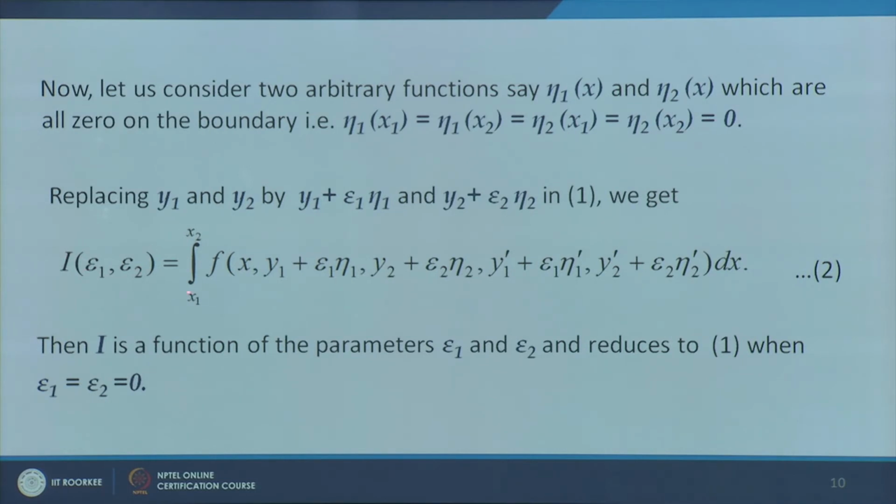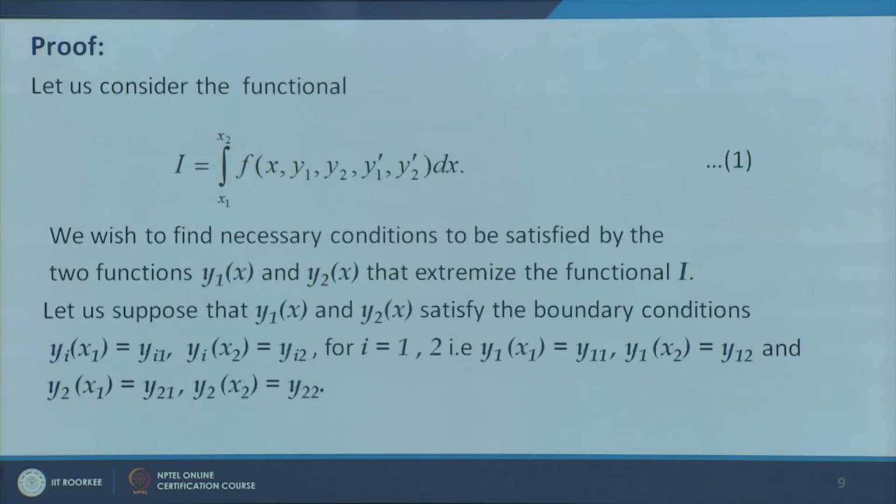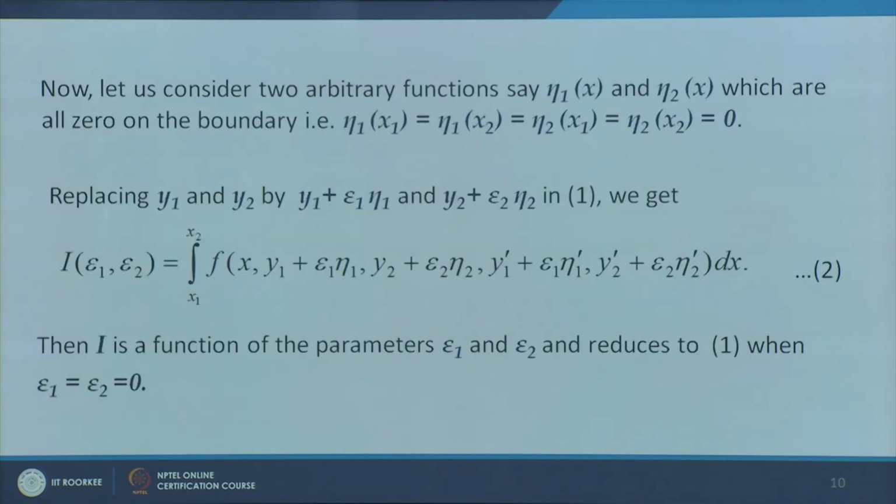So the functional will take the form integral from x1 to x2 of f(x, y1 plus epsilon 1 eta 1, y2 plus epsilon 2 eta 2, y1 dash plus epsilon 1 eta 1 dash, y2 dash plus epsilon 2 eta 2 dash). Now this I is a function of two parameters epsilon 1 and epsilon 2, and you can see that it reduces to the previous given functional when epsilon 1 and epsilon 2 take value zero.